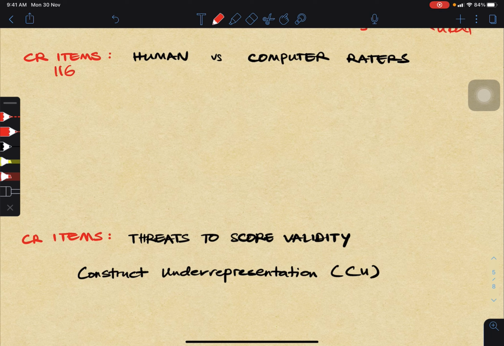Here we say that the best practices for training raters include ensuring that they are properly recruited.